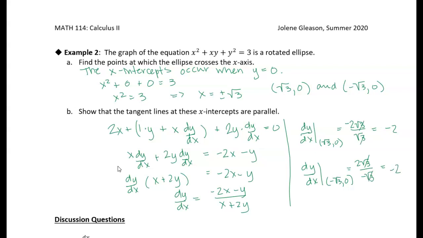So the slope at each of those points is the same, which means the slopes are the same, so the lines are parallel. So the tangent lines are parallel. All right, there you go.